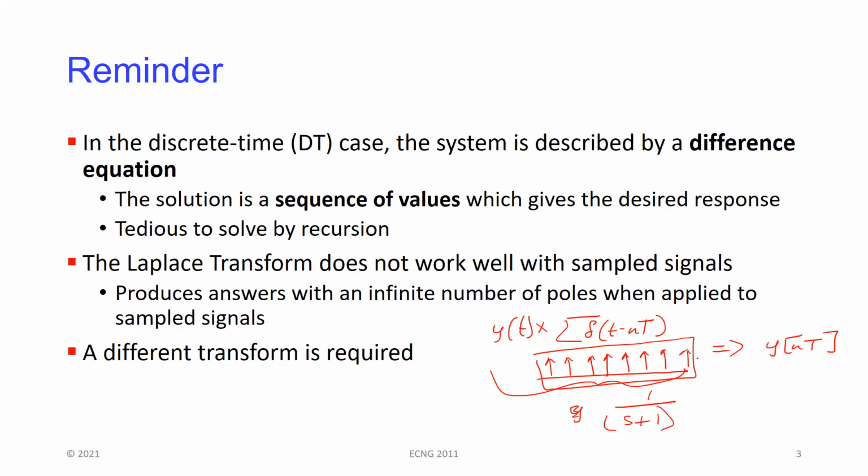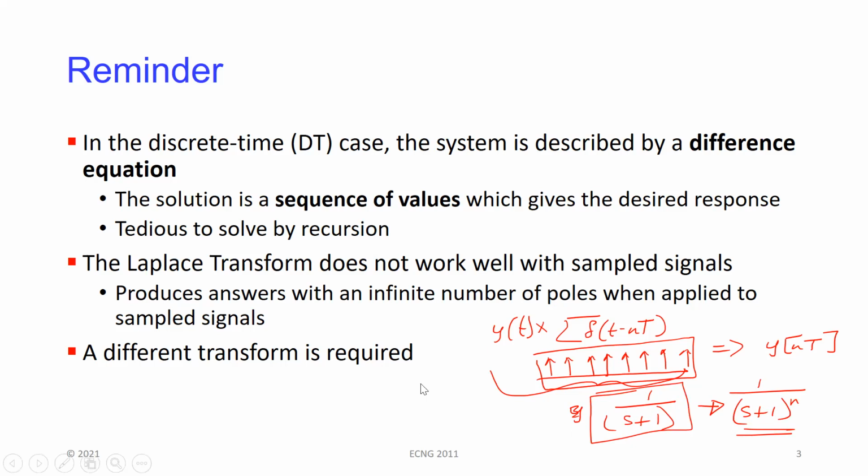Because of the sampling process, what you end up getting is something like 1 over s plus 1 to the power n. In other words, it's going to take what should have been a simple situation and give you something like this, which is not going to help us. You're trying to solve an equation, not create an infinite set of problems for yourself.